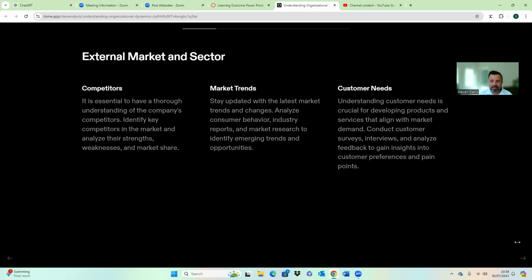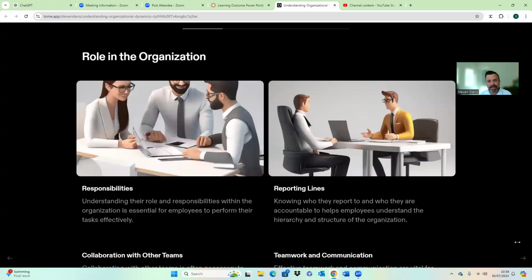It's what I thought the business needed. We can only get customer needs if we understand what customers want, and we can only understand that if we do market trends and market research. So we look at surveys, interviews, analysis and feedback to gain insight into what customers truly want and need.